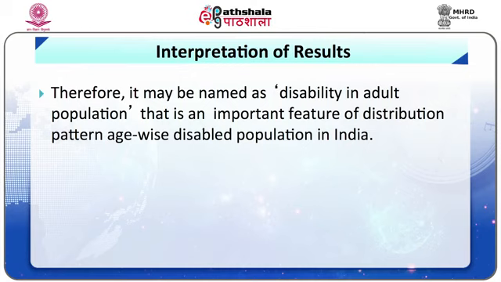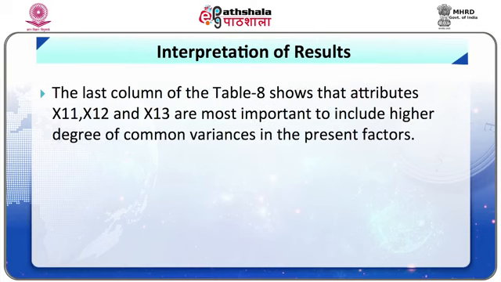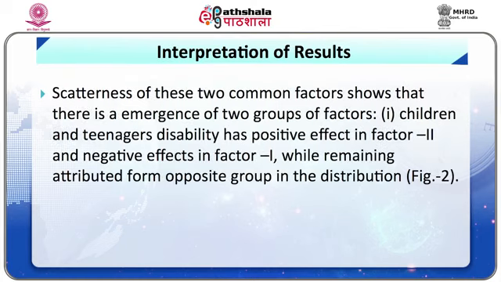That is an important feature of the age-wise distribution pattern of the disabled population in India. The last column of table 8 shows that attributes X11, X12 and X13 are most important to conclude a higher degree of common variance in the present factors.